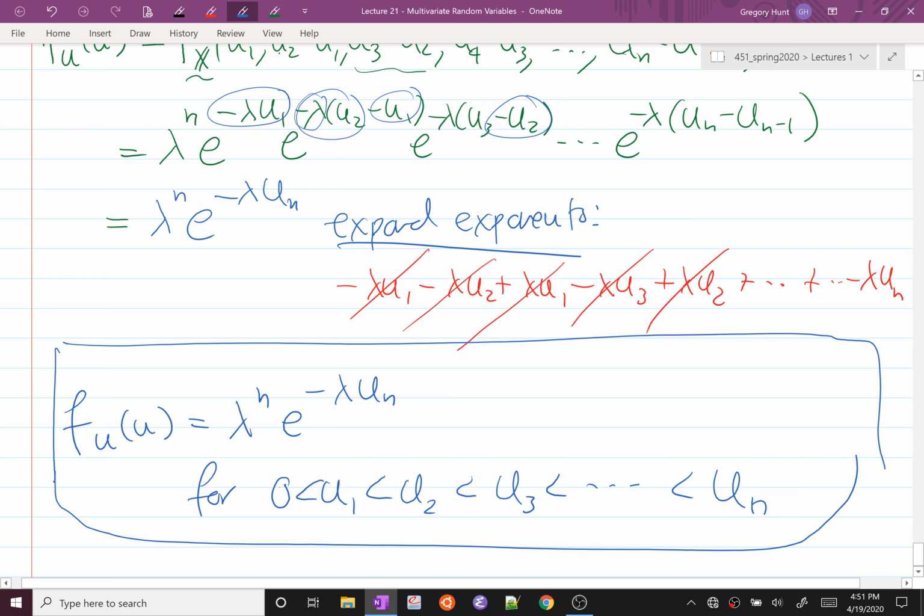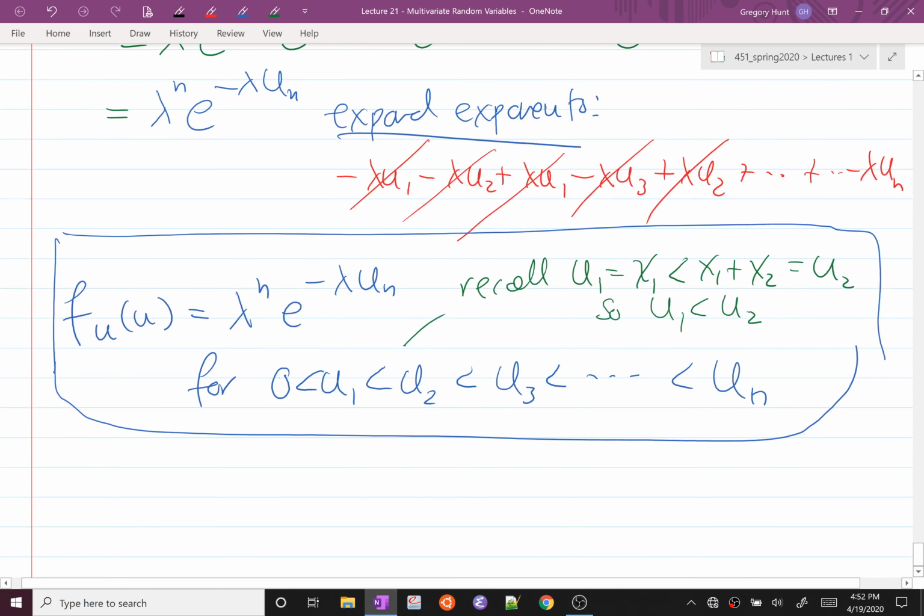Why? If we go back up to our definition, u1 is x1, u2 is x1 plus x2. Both x1 and x2 are positive. So recall u1 is x1. That better be less than x1 plus x2, since everything's positive here, and that's u2. So u1 better be less than u2. And you can play that game with all of these. u2 better be less than u3, u3 less than u4.